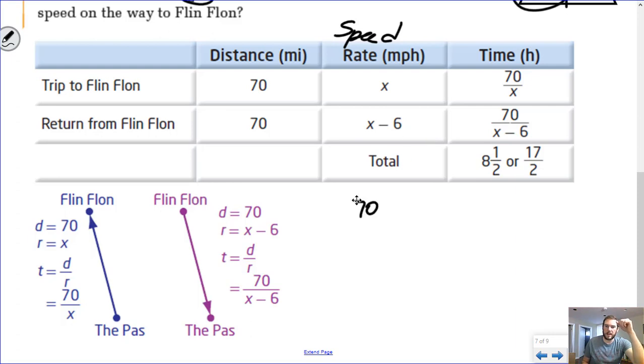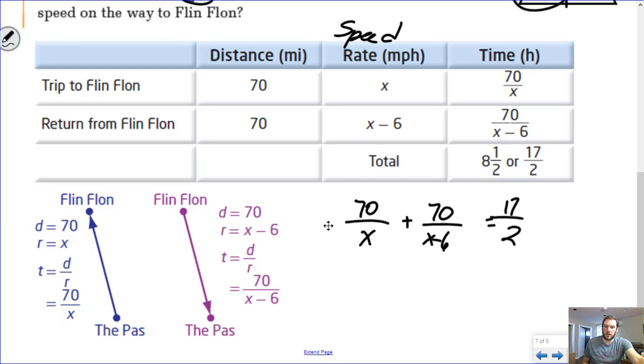So now we know that if we take the time it takes to get there and we add it to the time it takes to get back, we'll be left with the total time of our race, right? 17 over 2. Now notice here I took 8.5 and we turned it into 17 over 2 because it's easier to work with these improper fractions, right?